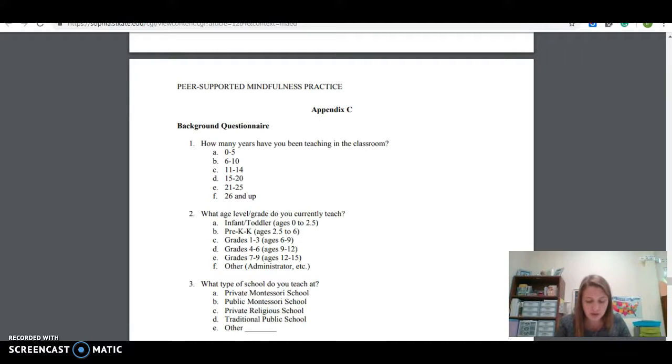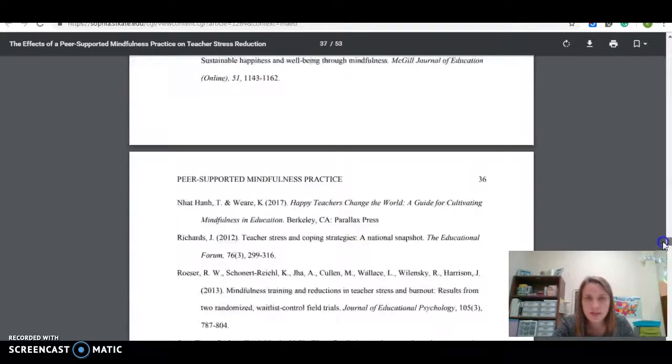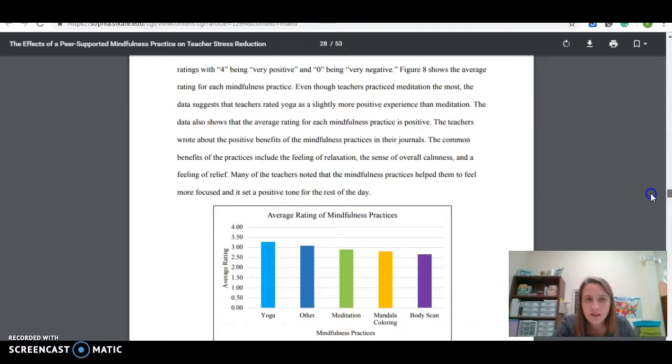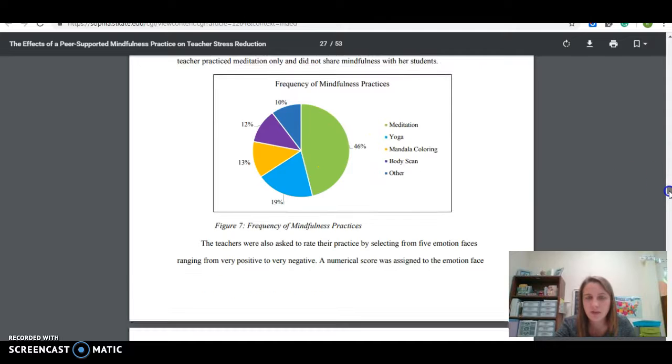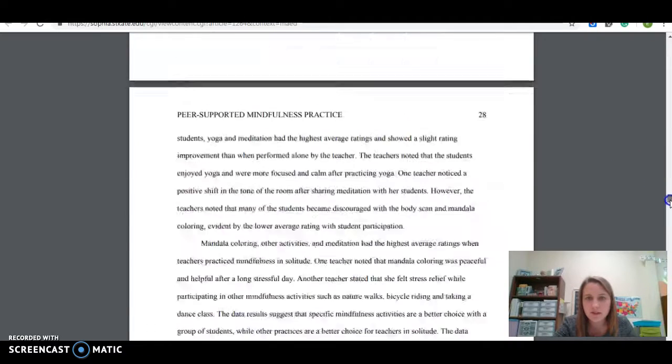She talks about which ones that people identified being the most helpful. Back on page 26. So if we go back and look at this, she says that they identified meditation as being the most helpful, and where that comes from.